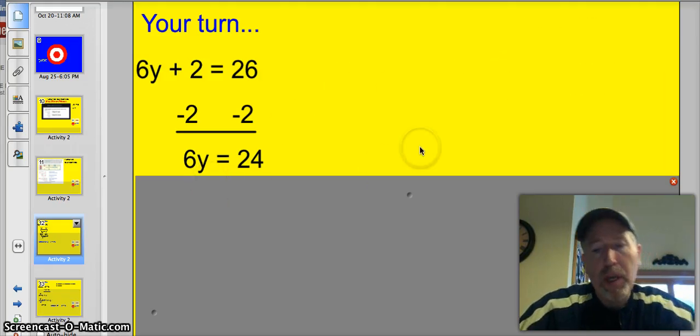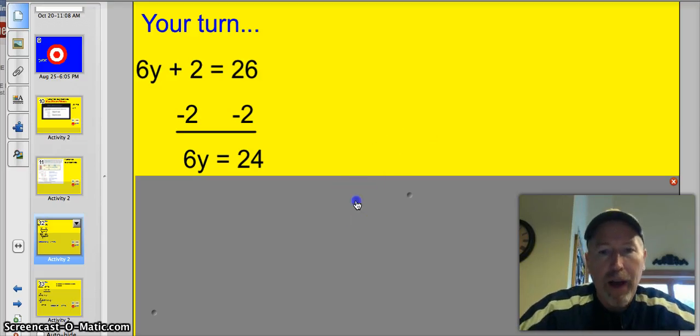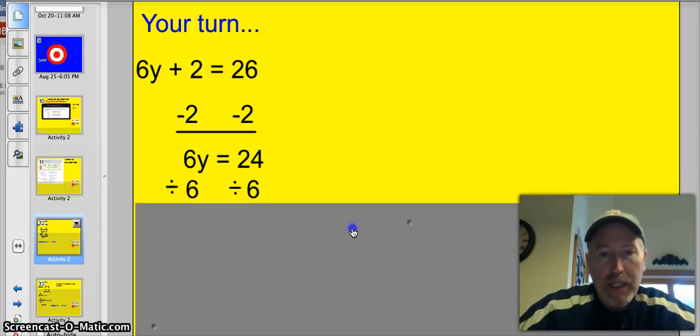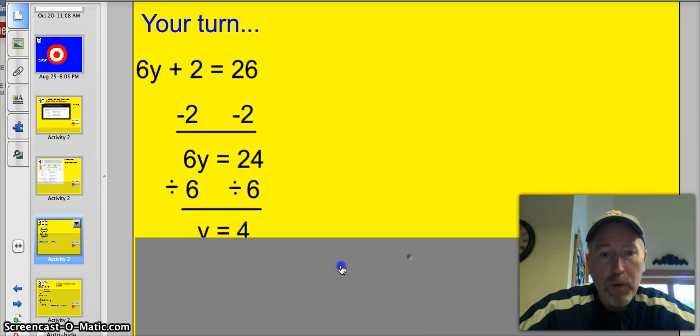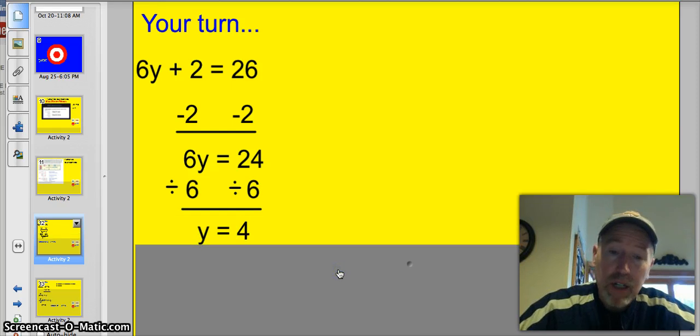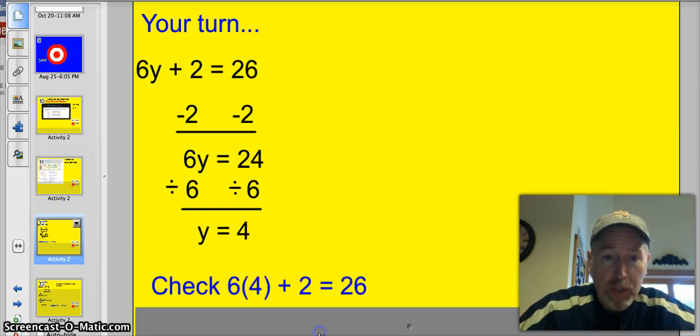But this is multiplication, so how are you going to isolate that? That's right, you're going to divide. So you divide by 6, and you end up with y equals 4. Now, just like always, we have to check to see if that's right, so let's put it in. 6 times 4, well, that's 24, plus 2 equals 26. It's a miracle. Very nice.